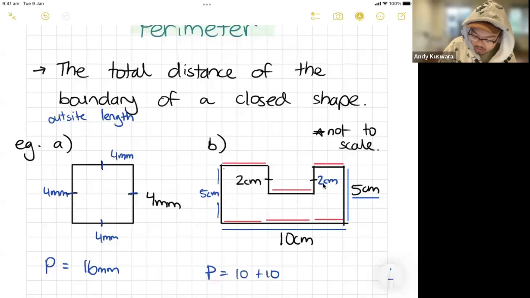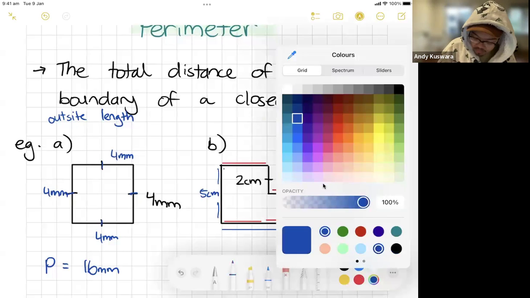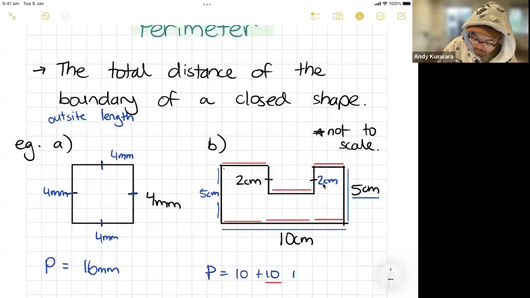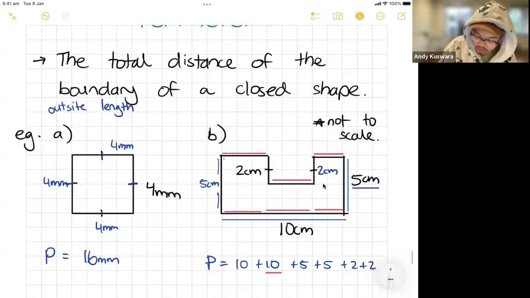So that is the bottom 10 and the broken up top 10, if that makes any sense. And then I've also got the plus 5 for the two left-hand and right-hand sides. And then I've also got the plus 2. That should give you 20, 30, 34, and it's in centimeters. That's your answer. Okay.